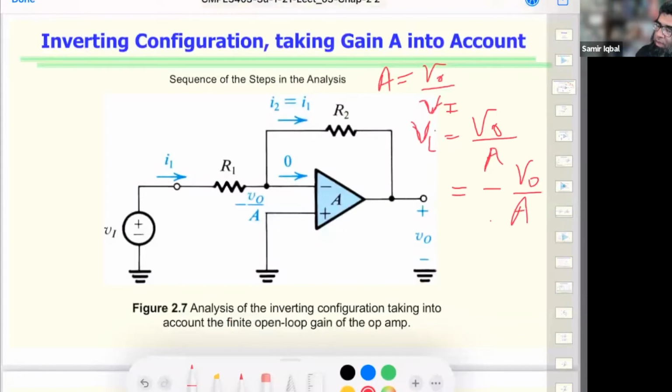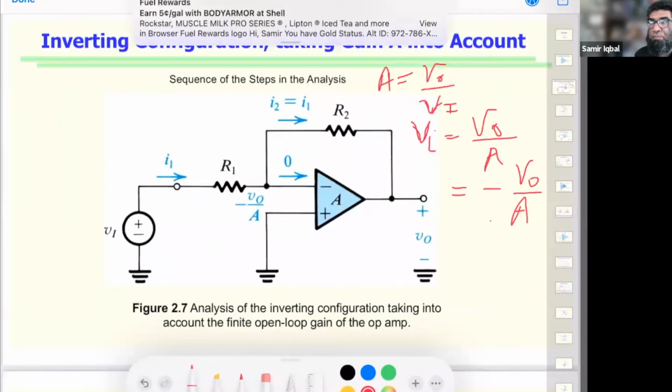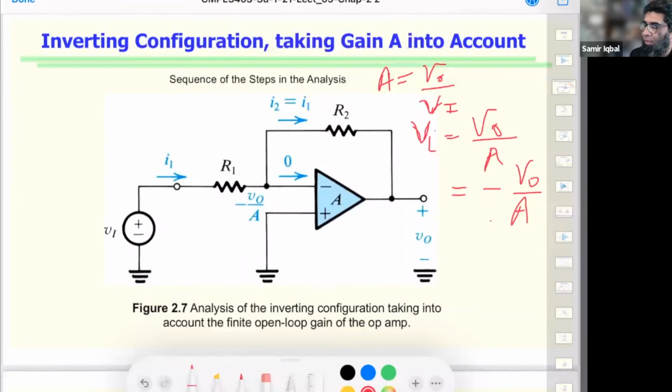Now this voltage is going through R1. And the current through R1 would be the difference of the two voltages divided by the resistance itself.